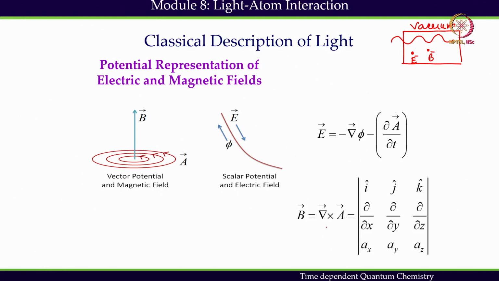Now the origin is the following. What we see is that the B field, this is the magnetic field, originates from the vector potential.